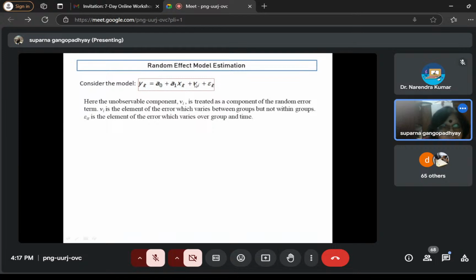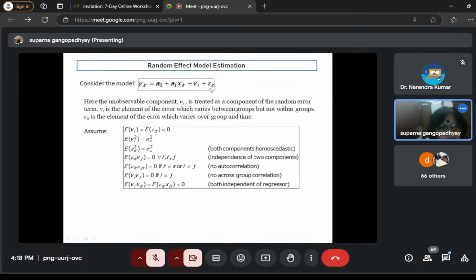This is a random error term. This varies between groups, that means between states, but not within the cluster. And there is epsilon it, the idiosyncratic error. That means it can vary over group, over time. So two parts: one is the random error part, another is your idiosyncratic error part.